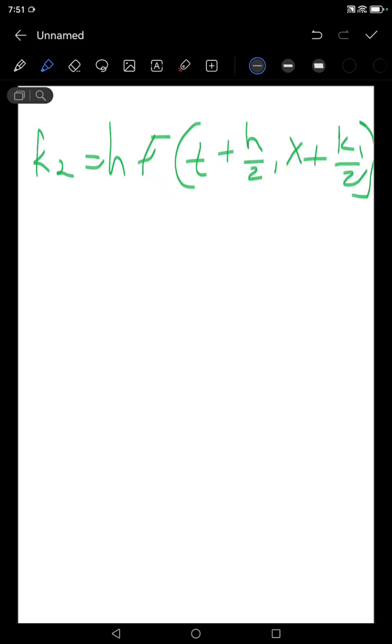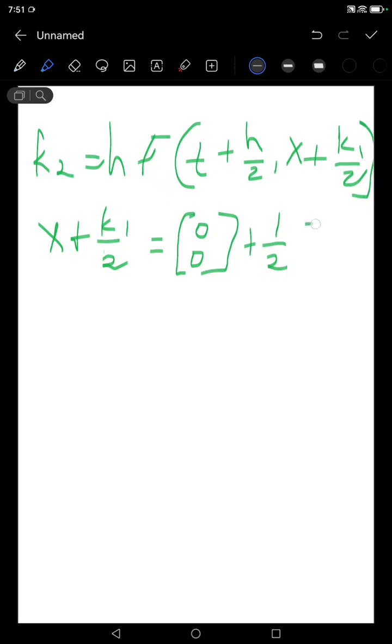To calculate k2, we start with x plus k1 over 2, and remember x is 0, so we have 0 and 0 plus k1. Let's take the half outside, and inside we have k1. Remember, our k1 was 0 and 0.2.